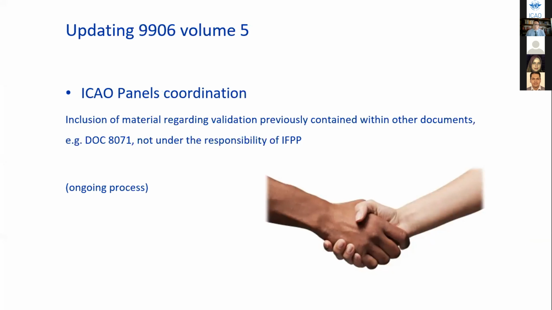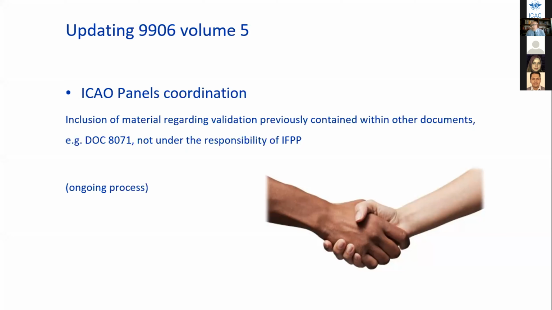And I would like to remind everybody that my experience comes mainly from flight inspection, after 20 years in the flight inspection and validation department, but it became a validation department after 2012 with the implementation of 9906. It is really important to keep the two domains in contact because the two things are correlated in some way.